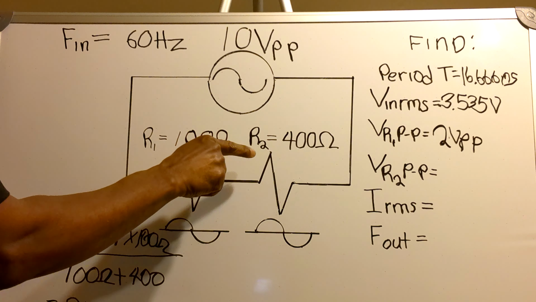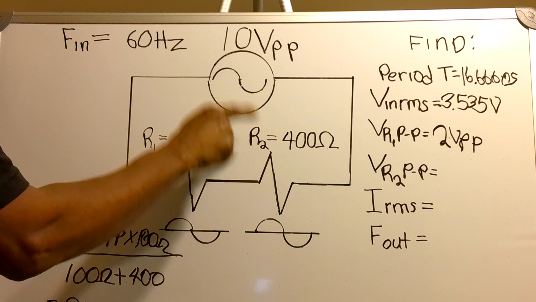Now I'm going to find the peak to peak voltage across the R2 resistor.